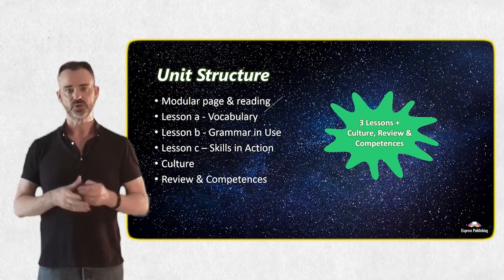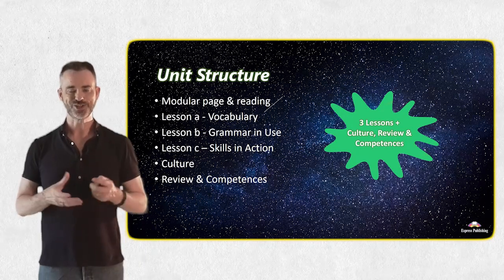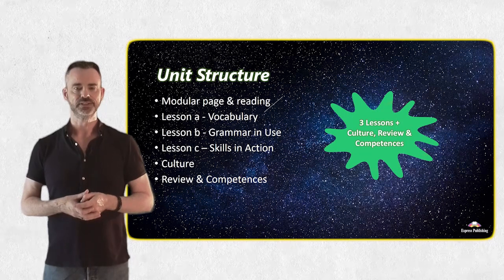I'm going to take a module now just to talk you through it and show you what we have there. So, as I said, each module starts with a modular section. The purpose of the modular section is to let learners know what competencies they are supposed to acquire as they work through the material.